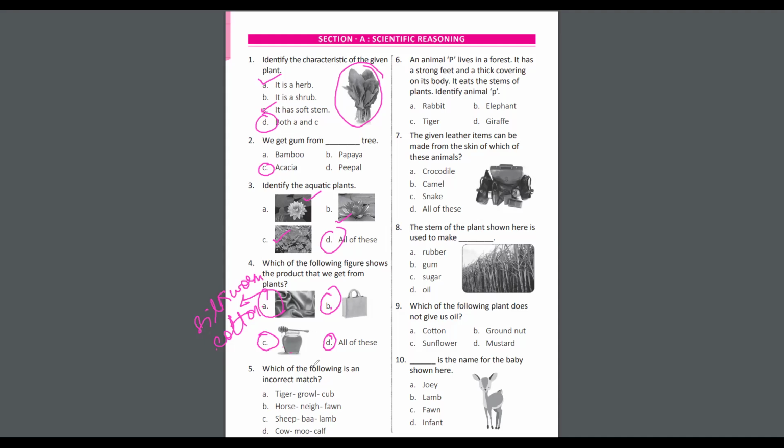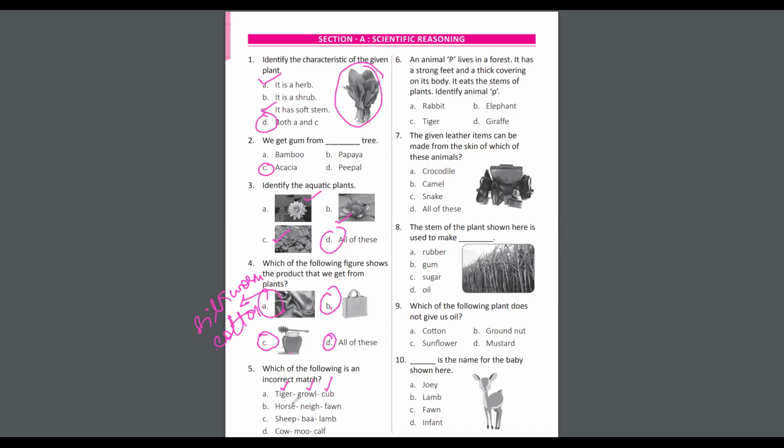Okay. Which of the following is an incorrect match? Tiger, growl, cub. Horse, neigh, fawn. Sheep, ba, lamb. Cow, moo, calf. So basically this is the name of the animal, then this is the sound, and this is the baby's name.